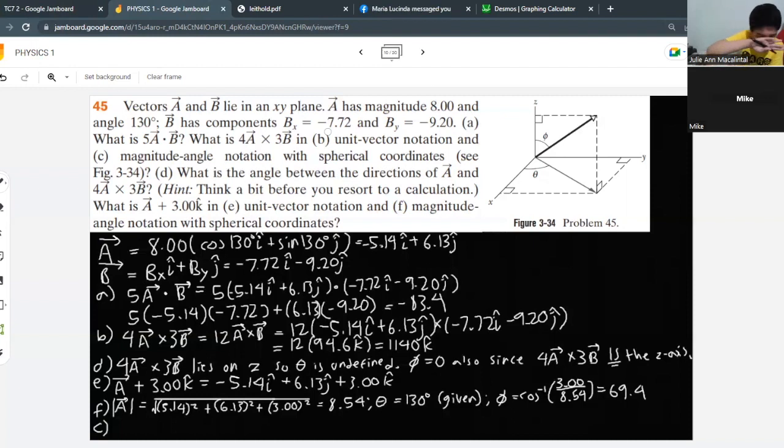So, okay, is there a way to get the angles theta and phi if you know the components? Actually, you already know. So what's the angle between the directions of the magnitude-angle notation? Theta and phi of 4A.